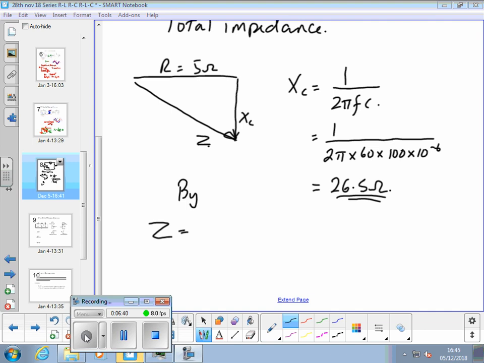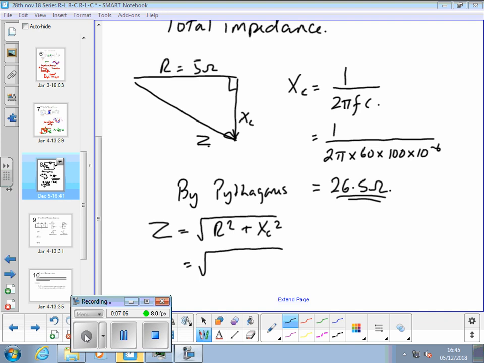Triangle, two sides. Square root of R squared plus XC squared.